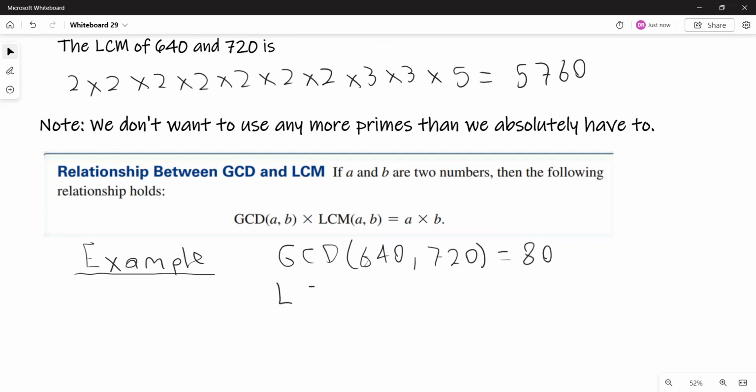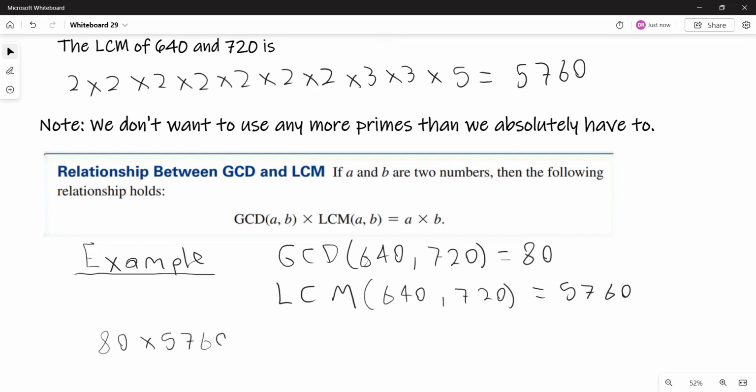And the least common multiple of 640 and 720 is 5,760. So 80 times 5,760 is equal to 640 times 720, and they are both equal to 460,800.